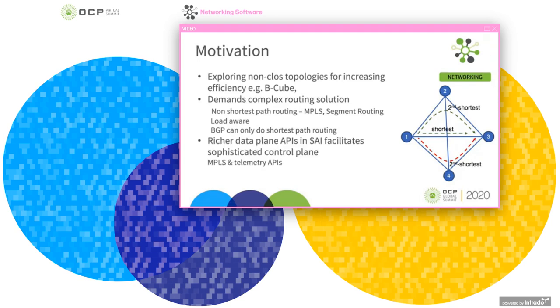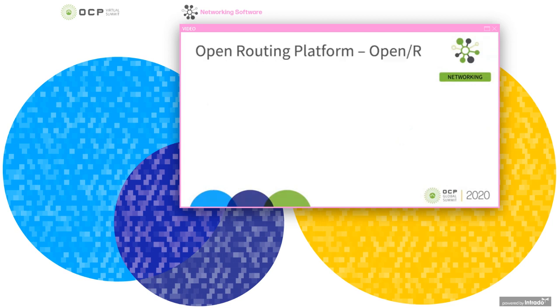The richer data plane APIs in SAI can support as well as simplify the non-shortest path routing and load-aware routing in the control plane. Given the limitations of BGP and inefficiency of Clos topology, at Facebook we are working on OpenR. We designed and built it from the ground up.